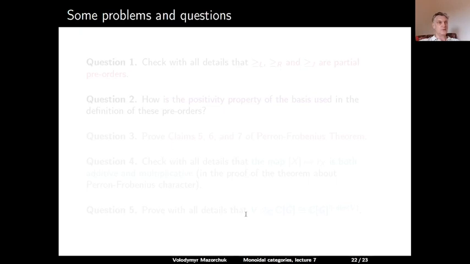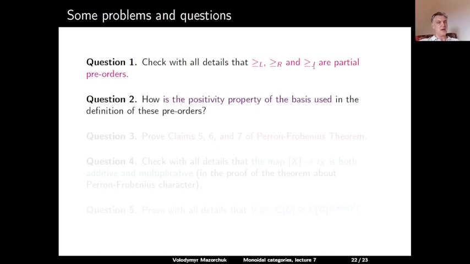Let us conclude with some problems and questions. Question 1. Check with all details that our partial preorders, left, right, and two-sided preorders are indeed partial preorders. Question 2. How is the positivity property of the basis used in the definition of these preorders?